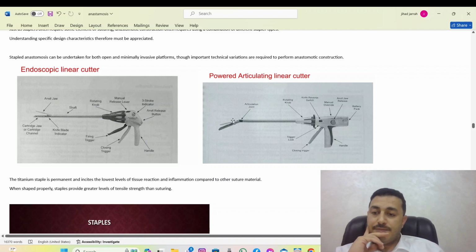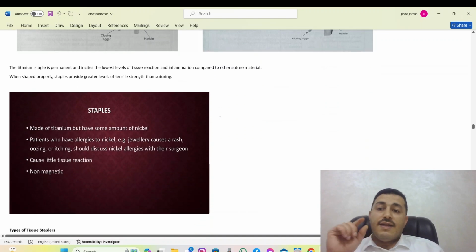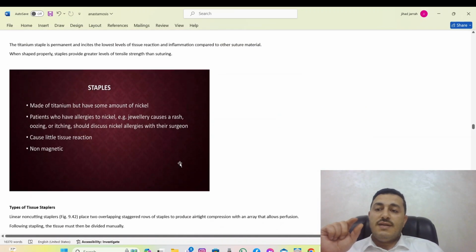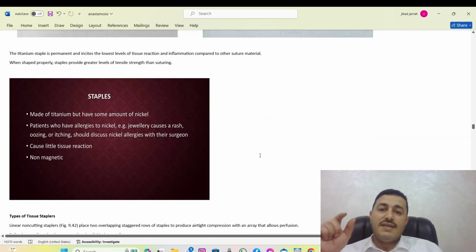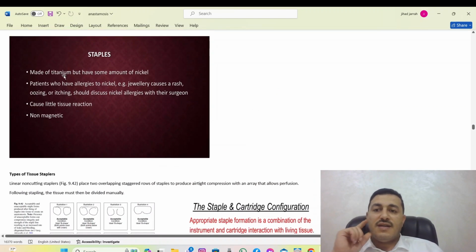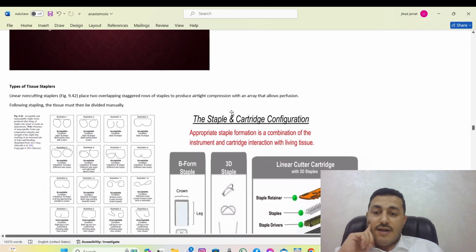Powered means that there is a battery and the firing is automated. Okay, the staple itself, as we will see, is made of titanium, and titanium causes less tissue reaction. I found on the internet that the staple is made of titanium and some amount of nickel, so we have to figure out if the patient has a nickel allergy.